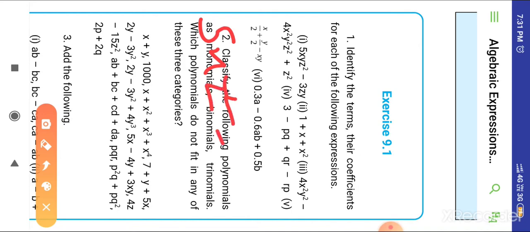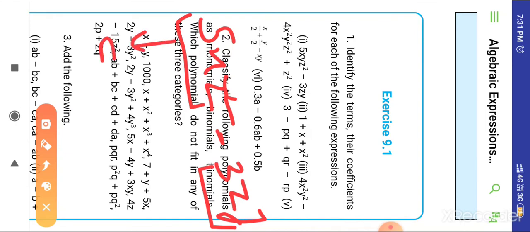According to the rules of integers, if one integer is positive and one integer is negative, then we simply subtract both the integers and we put the sign of the greater number. So if we subtract 5 from 11, we have 6 in the numerator, and as it is clear from the second step that the sign of the greater number is negative, we put a negative sign here, and the denominator is 4.